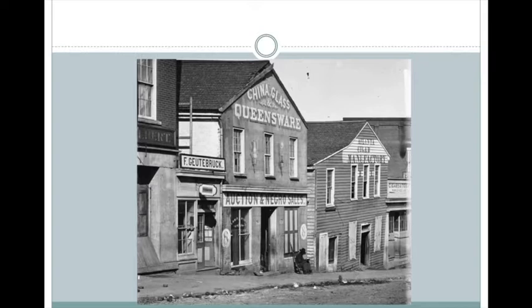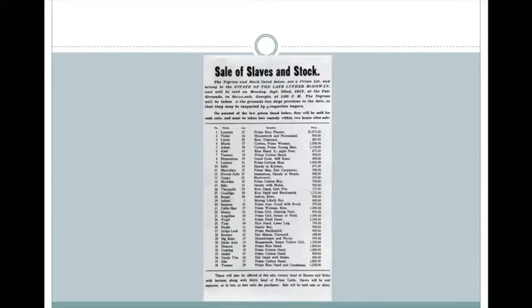Slaves were also sold in private homes as well. This is a document from an estate of a Southern slave trader. It's called the Sale of Slaves in Stock.